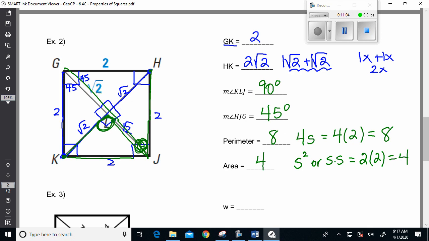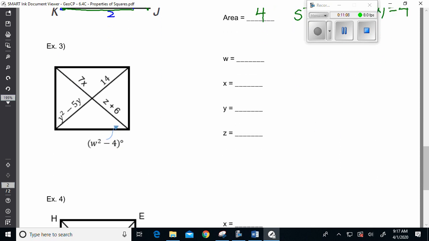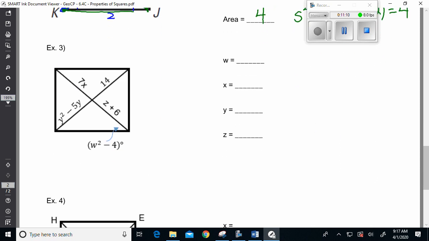All right, example 3. Now let's actually work with some variables. We're looking for W, X, Y, and Z. Notice what they gave you in the problem. They gave you diagonals. Remember, all of these diagonals have to be equal to each other.